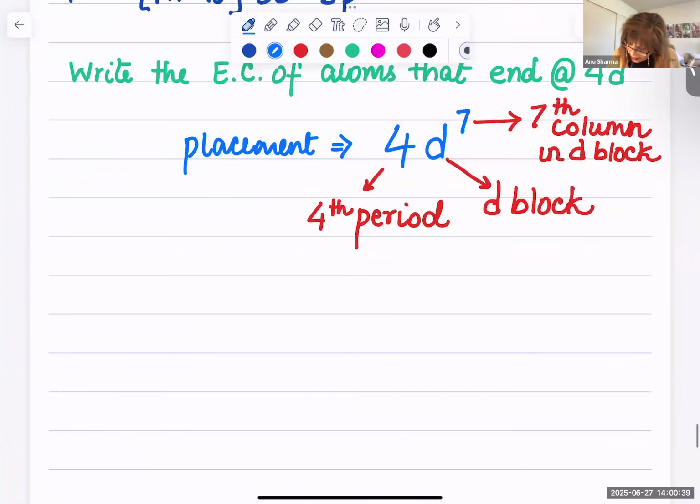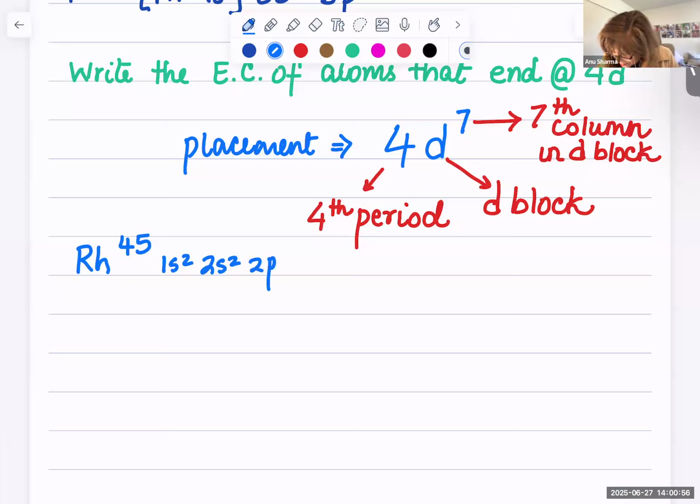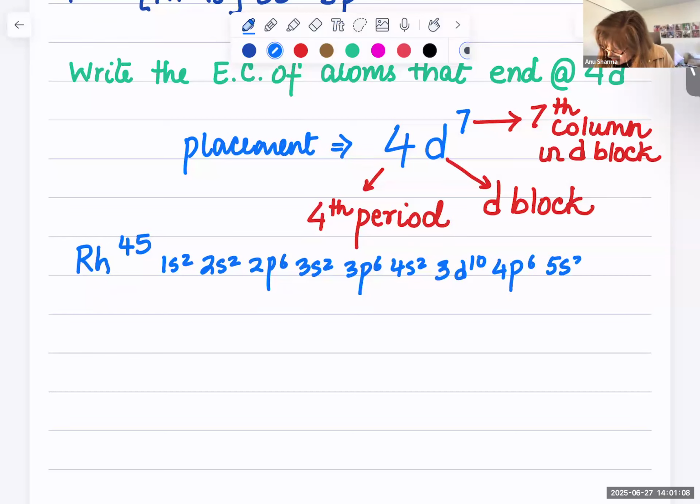Rh is 45. And now just do it similarly. 1s2, 2s2, 2p6, 3s2, 3p6, 4s2, 3d10, 4p6, 5s2, and after 5s2 is the 4d.